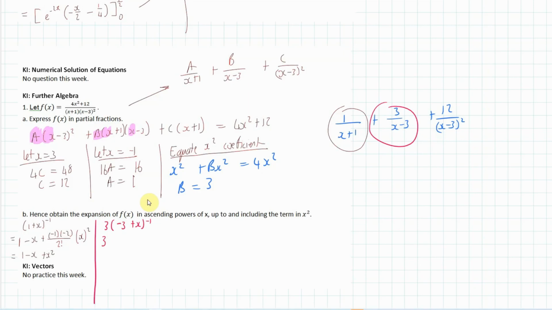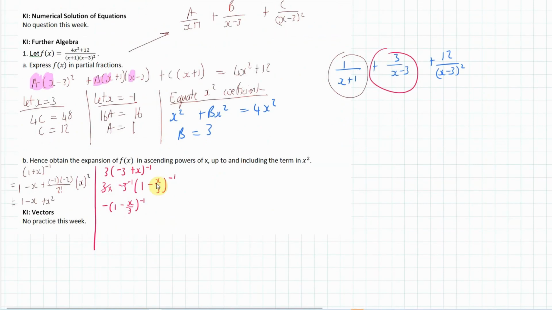And then my next line is 3 times -3 to the -1, and this will give me 1 minus x over 3 inside the bracket there to the power of -1. And obviously these cancel out, don't they? That and that. We just end up with -1 minus x over 3, and that will be to the power of -1.